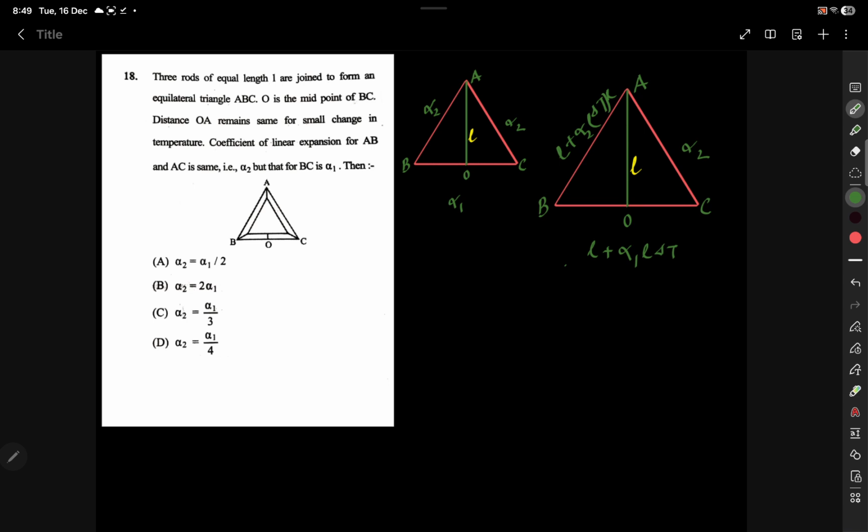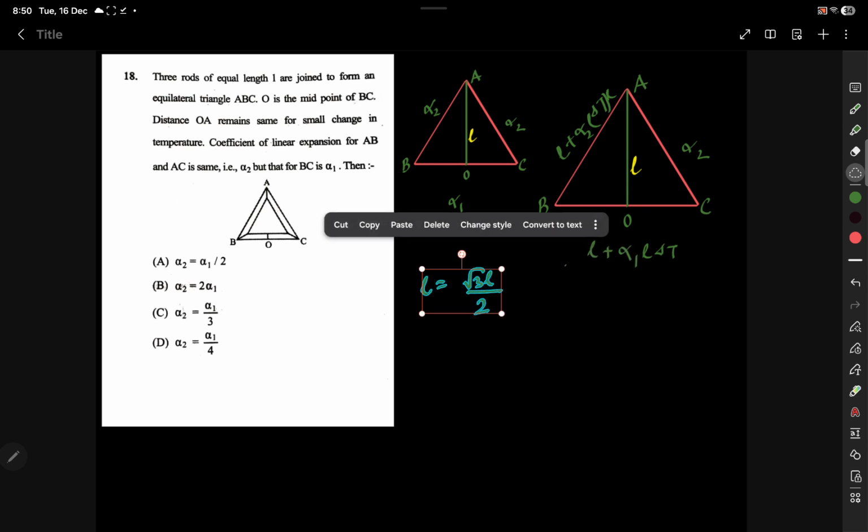So if this remains the same, initially it was root 3L by 2, because all these were length L, so this is 60 degrees.